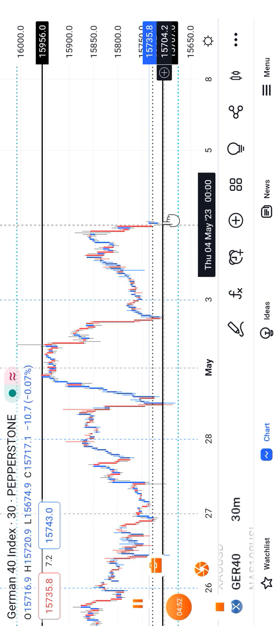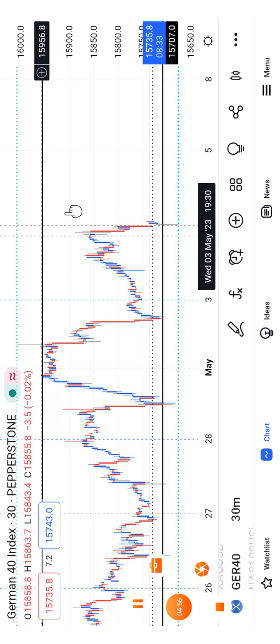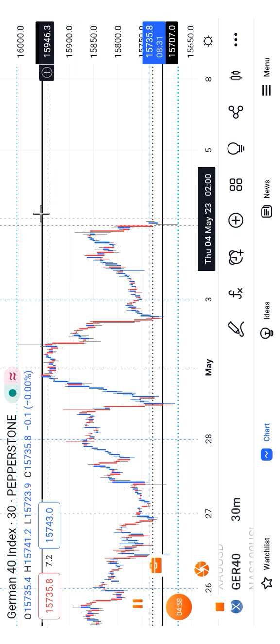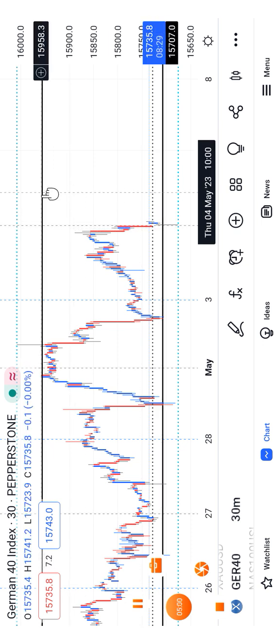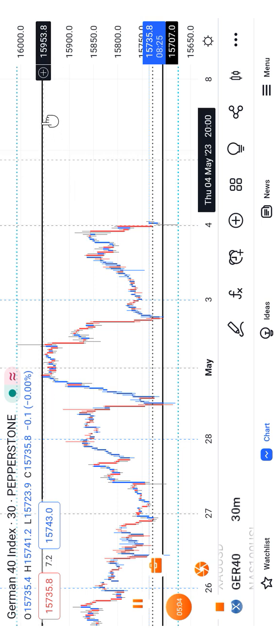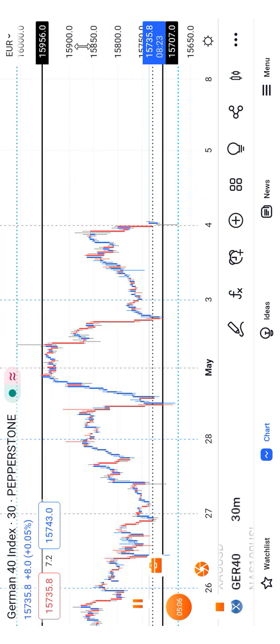You understand? So what I'm going to do, guys, right now is find the difference between the 2 points. I'm going to find the difference between the two prices. So I'm going to say 15,956 minus 15,707.